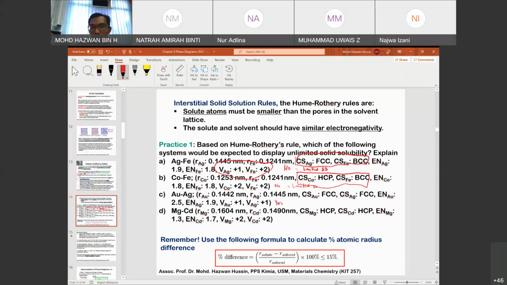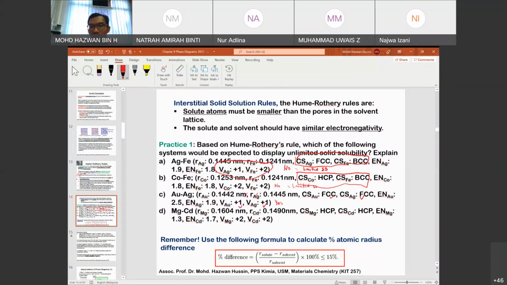Here you will see that crystal structure is the same, FCC, FCC. Valency also the same, +1, +1. Difference in atomic radius is very small, 0.003. So still less than 15%.